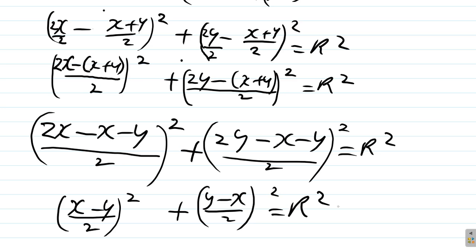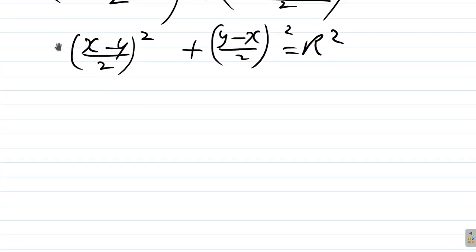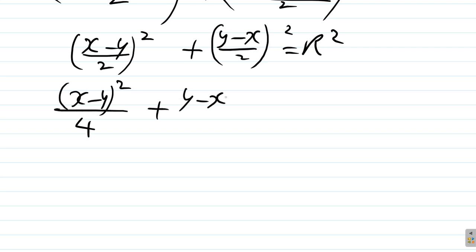Now, we're going to square both top and bottom. Remember, something over something else squared, you can square the top alone over the square of the bottom alone. So it's x minus y squared over 2 squared, which is 4, plus y minus x squared over 2 squared, which is 4, equals r squared.